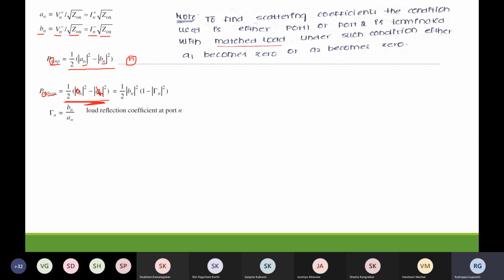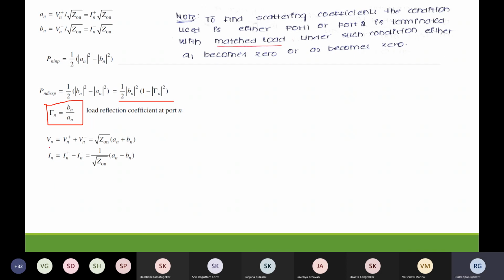This is a typo error present in the book, so please rectify it. In terms of the reflection coefficient at port n, it is given by half of magnitude of bn square minus magnitude of Rn square, where the reflection coefficient at port n is given by Bn divided by An. So this is what we have for the representations.